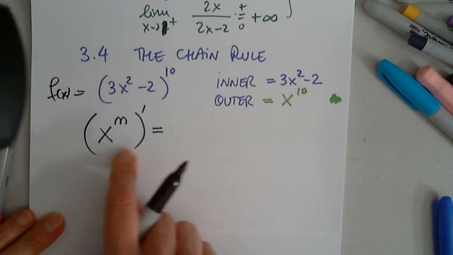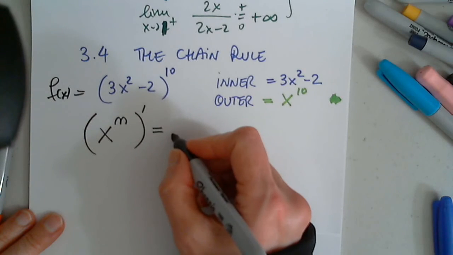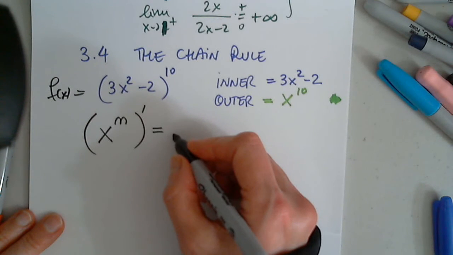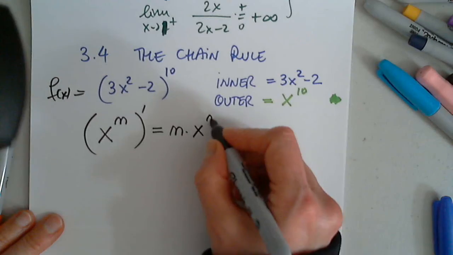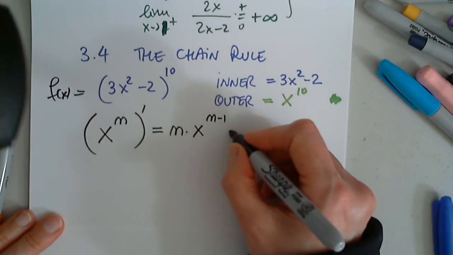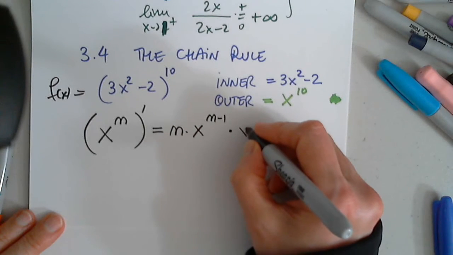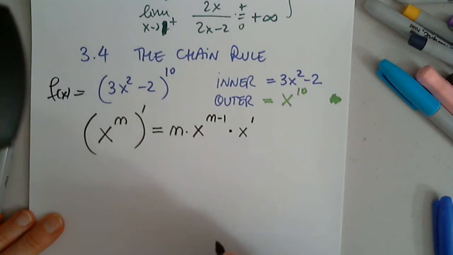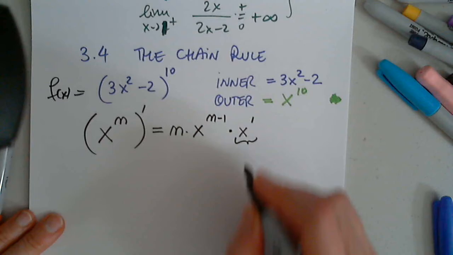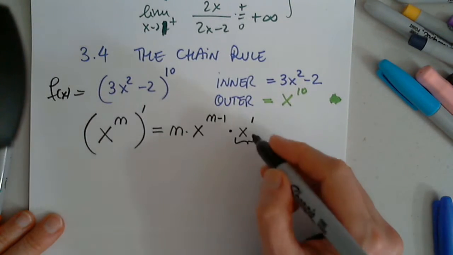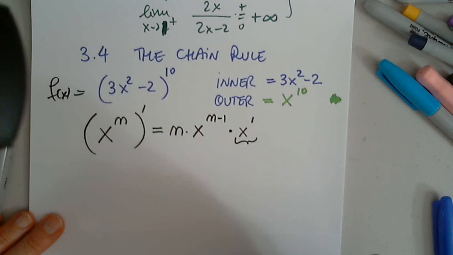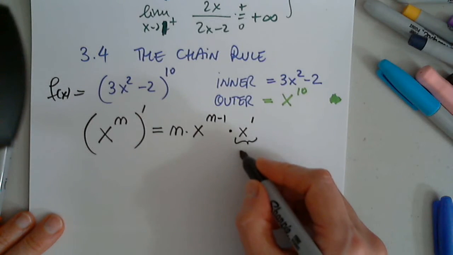What do I write here? n times x to the n minus 1. Okay, the correct answer, which you have, this is correct. But the correct answer should have said, or we should have written this. Why don't we write it? Why is this redundant? Because it would be a 1.